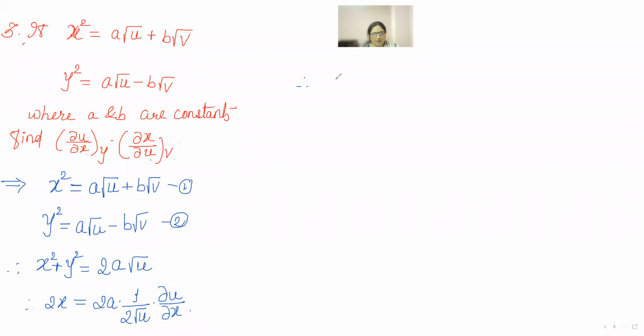Therefore, 2 will cancel. 2 into x is equal to 1 upon root u dou u by dou x. Therefore, dou u by dou x is equal to 2 into root u into x. Is it okay?